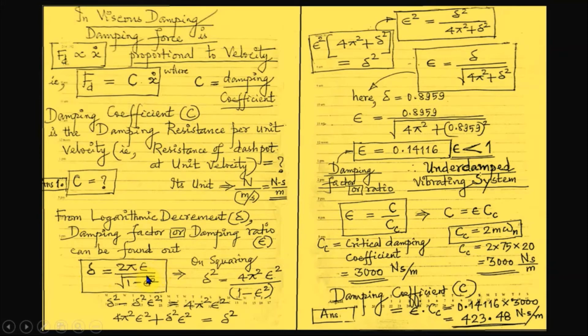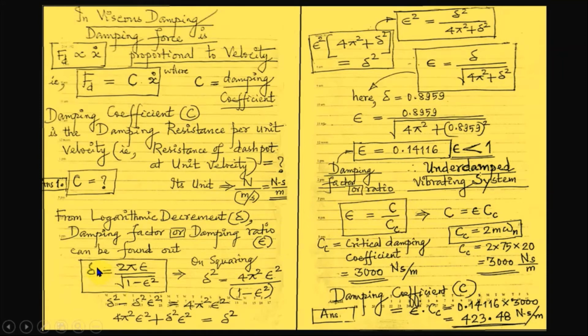It is also denoted by theta. So epsilon here, that is damping factor or damping ratio, is actually C divided by Cc. That is damping coefficient in the vibrating system divided by its critical value Cc. So C by Cc is equal to epsilon.